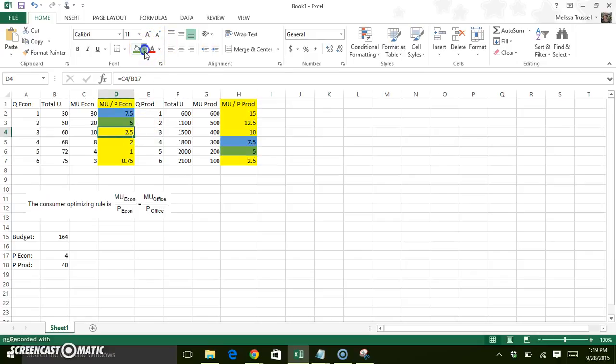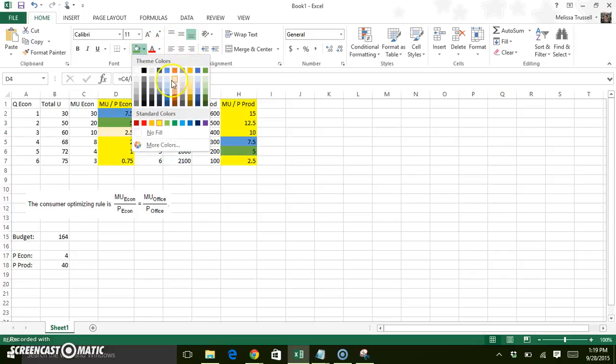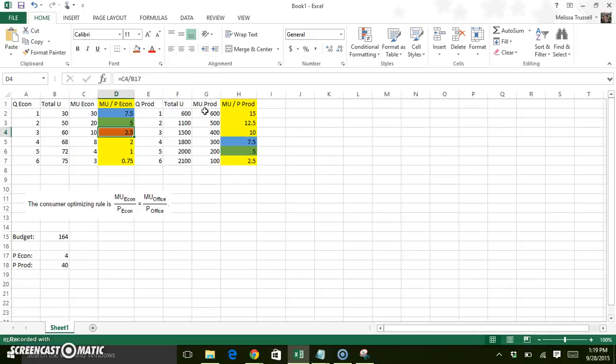Or we could choose the, let's go with red ones, and they both have 2.5. So those are our three options for making our mu over p equal. But remember, there's only one place where our second rule is also met. Our second rule is that we have to use the entire budget.